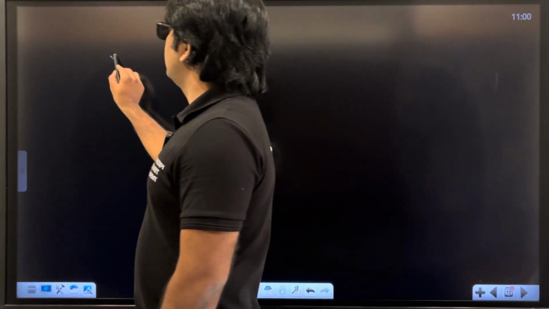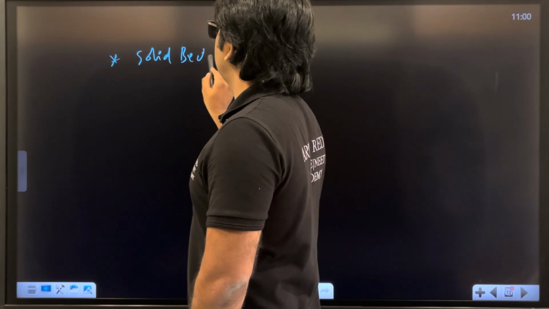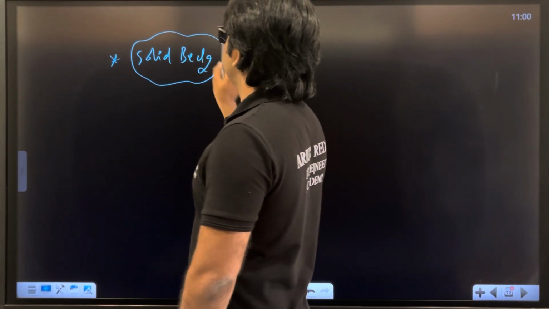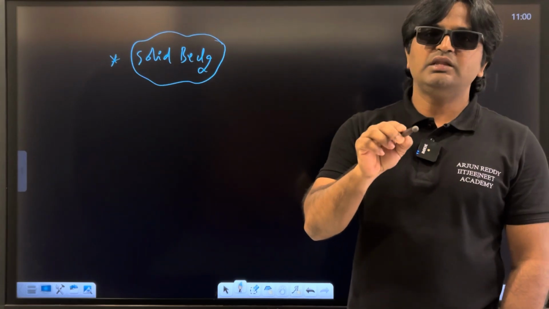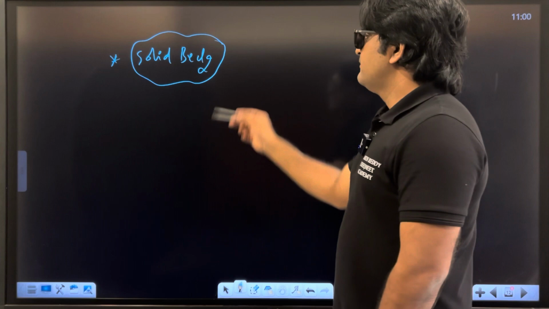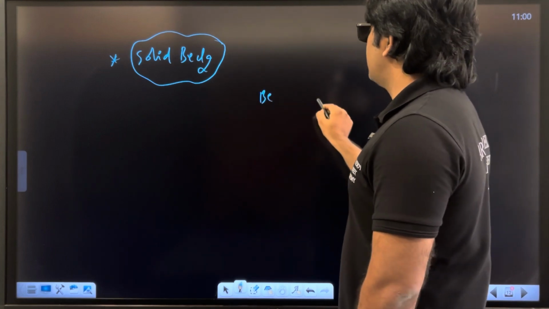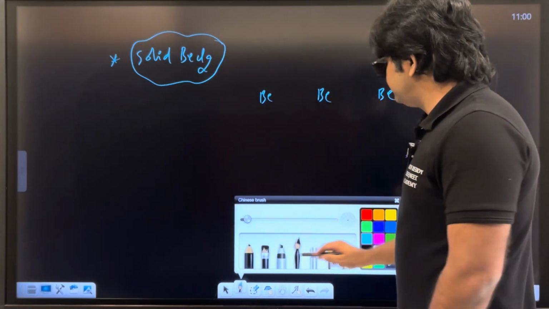Now note these molecules, very important, like solid BeCl2. For these molecules we are giving hybridization on the basis of structure but not on the basis of the previous method. What is the structure of BeCl2? It has a polymeric structure, beryllium, and again here beryllium.